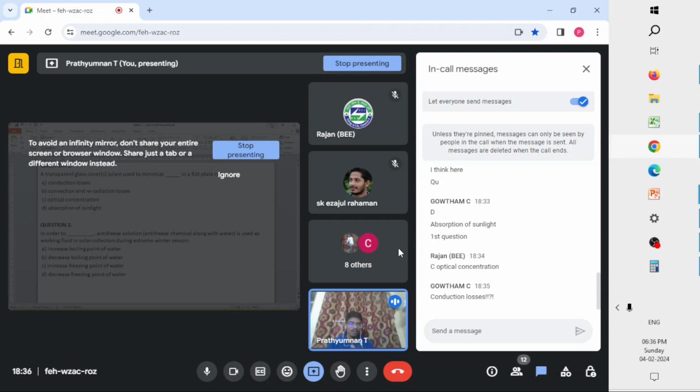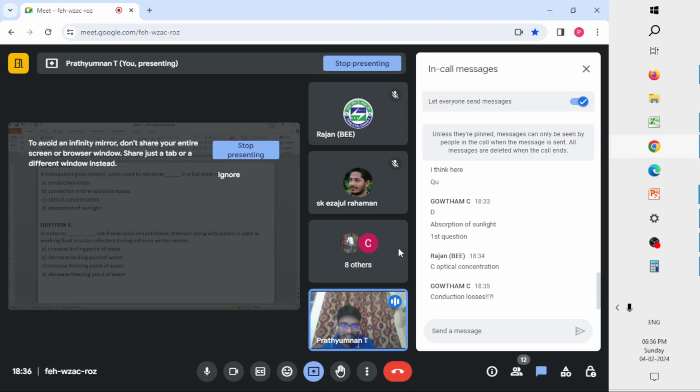As I told, a transparent cover will allow your solar radiation to go through the surface, but it will not allow the other kind of radiation, reflected or re-radiated from your absorber plate, to go out to the atmosphere. So it's like only incoming, and outgoing radiation will be very less.